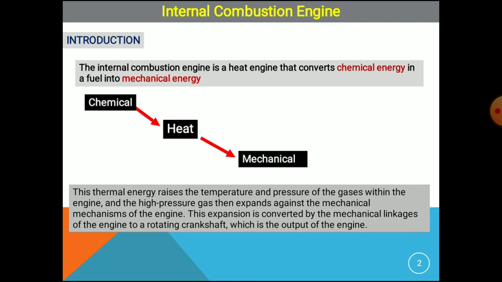Basically, the chemical energy stored in the fuel is transformed into work energy, and due to the linkages in the engine, that energy is utilized for the working of the internal combustion engine.